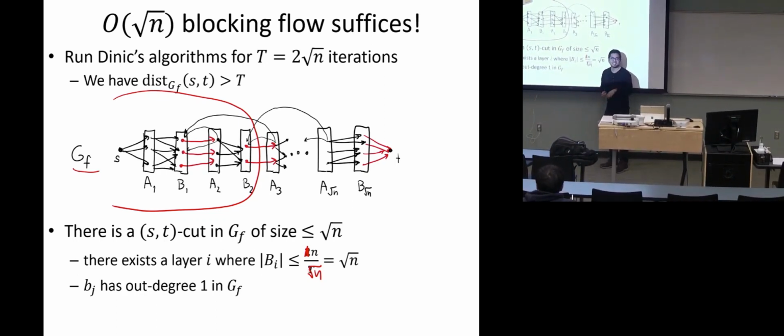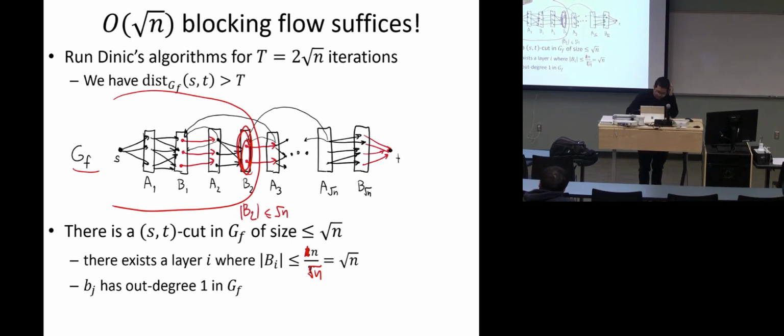Okay? I partition B into K sets. One of them must have size at most a 1 over K fraction of the set. But here, I partition it into root n sets. Some of them must have size at most root n. Suppose this one is the one such that the size is at most root n.